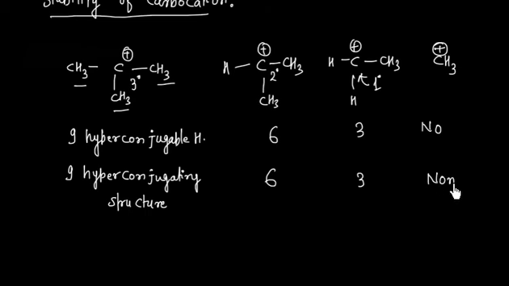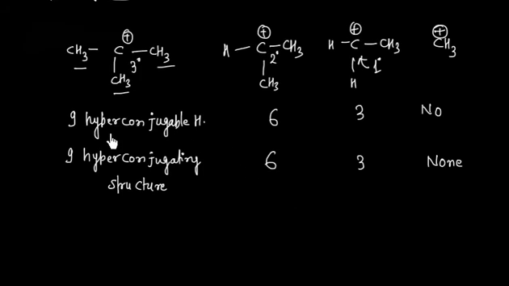So none of the hyperconjugating structures we will have in this case. We know the more the hyperconjugating structures, the more the delocalization of electron, the more stable the molecule. So this carbocation is most stable. Then we have this carbocation. Then we have this carbocation.